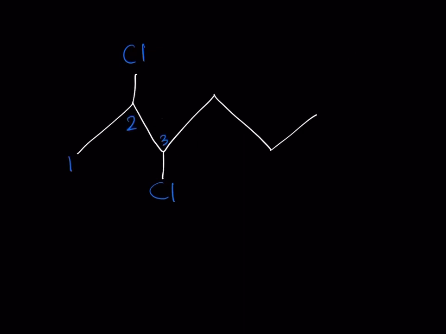So actually we can keep those. We have 6 carbons, so this is going to be hexane, and we have 2 chlorine substituents, and they're going to be on position 2 and 3.